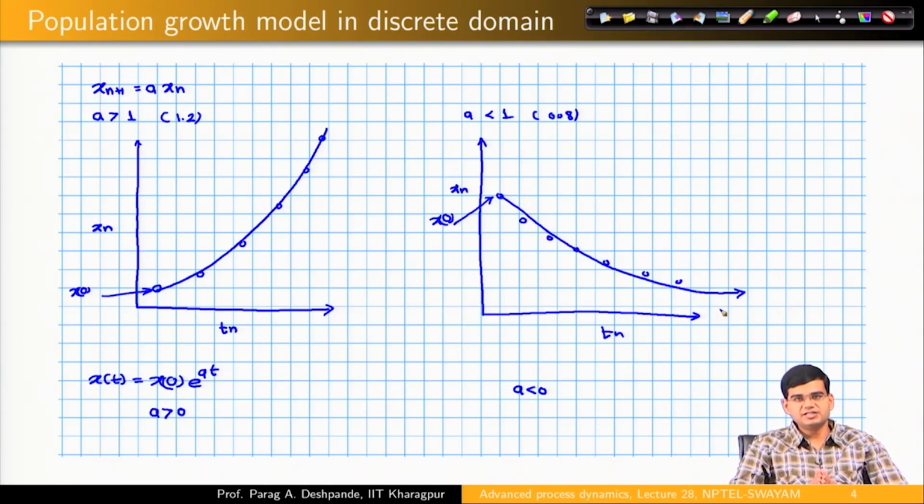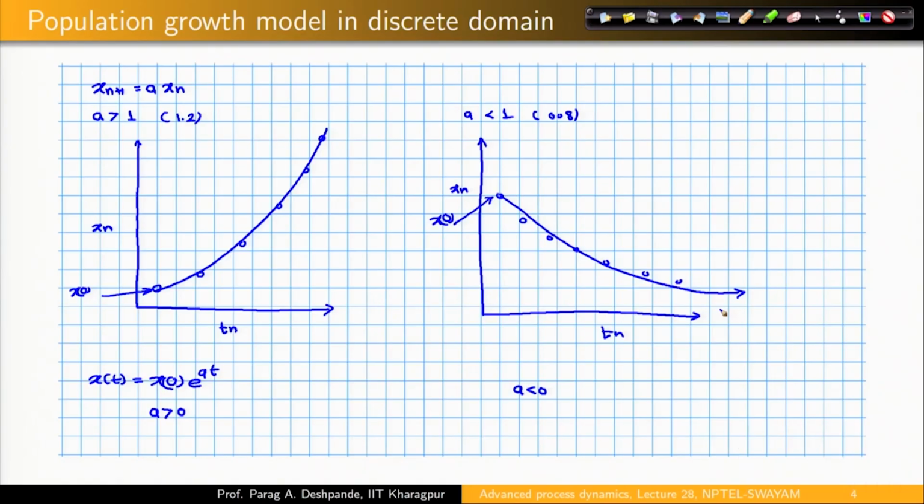So, the simplest case which we saw corresponded to the linear model of population growth, which we saw in the continuous domain modeling, where you can simply write the dynamical equation in the discrete form as x n plus 1 is equal to a times x n. So, if x n is the population of your system at any given instant of time, then the population of your system at next instant of time would be given by multiplication of the population at that instant of time by a factor a.